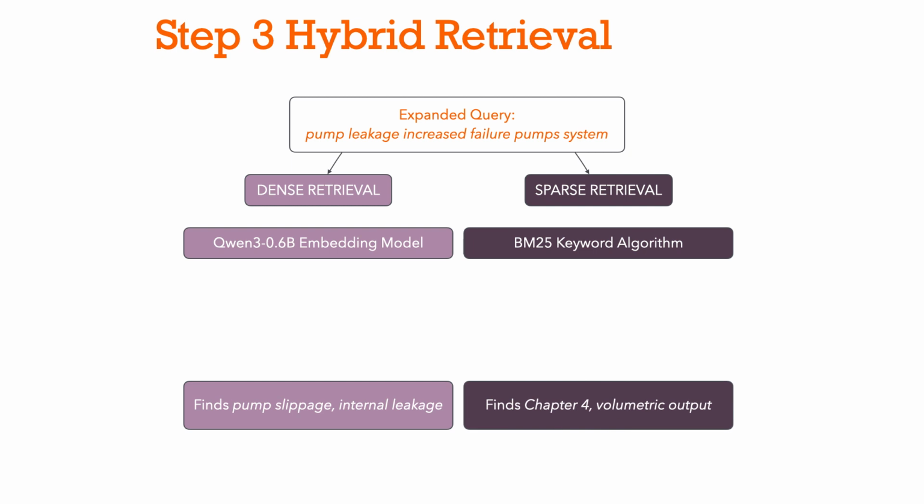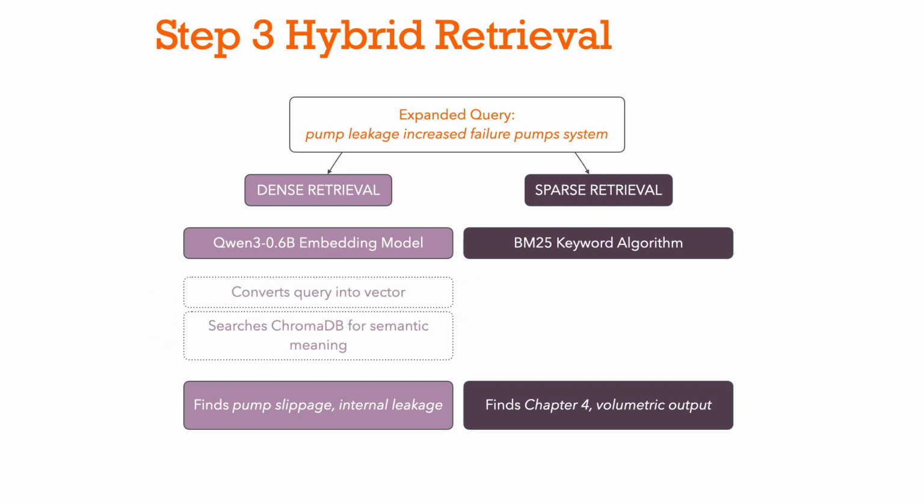For the dense retrieval, internally what happens is the query is converted into a numeric vector and searched against the chunks in ChromaDB for semantic meaning. ChromaDB is one of the available open source vector databases that are being used for RAG.